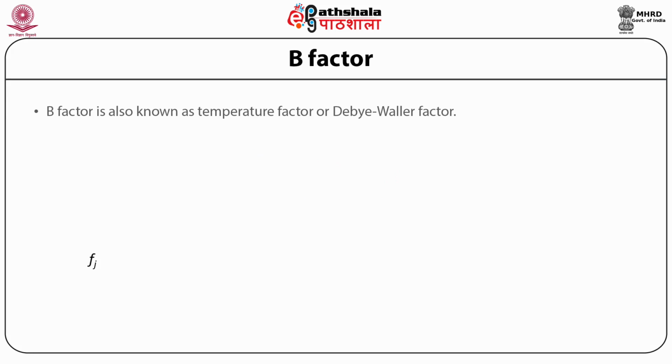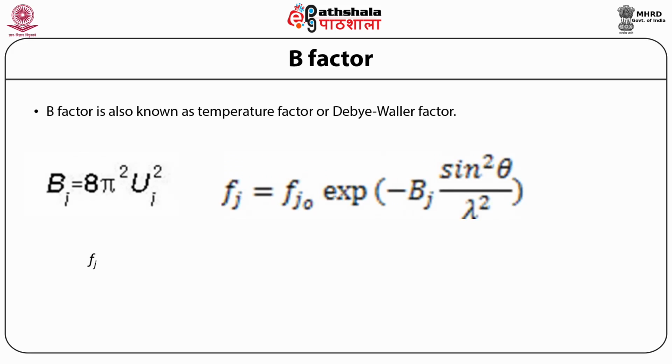B factor is also known as the temperature factor or Debye-Waller factor. This parameter is used to describe the extent to which the electron density is spread in 3 dimensions. It also indicates the dynamic nature of an atom. In other words, B factor is used to analyze the displacement of atoms from their mean positions in the crystal structure, because of thermal vibration or because of static disorders present in the crystal lattice.